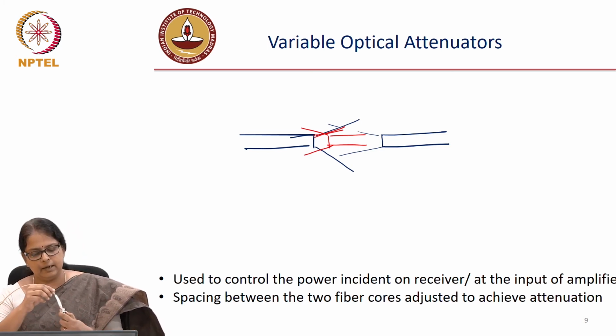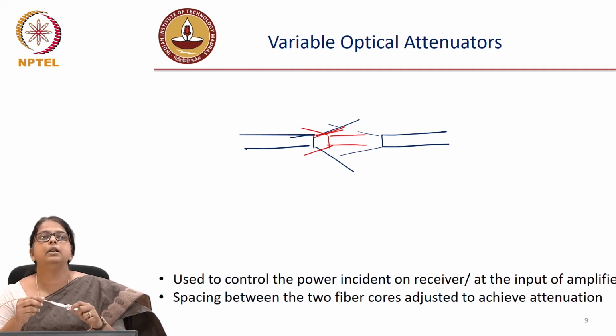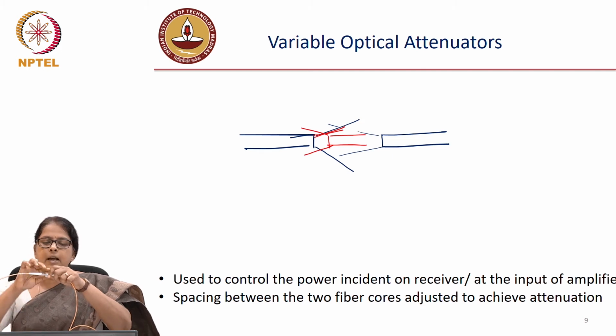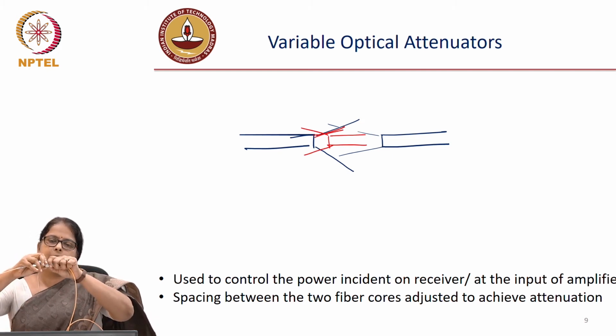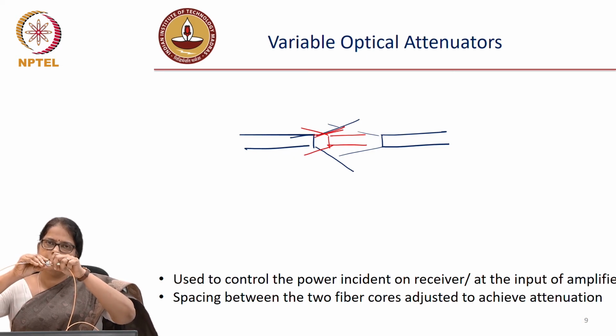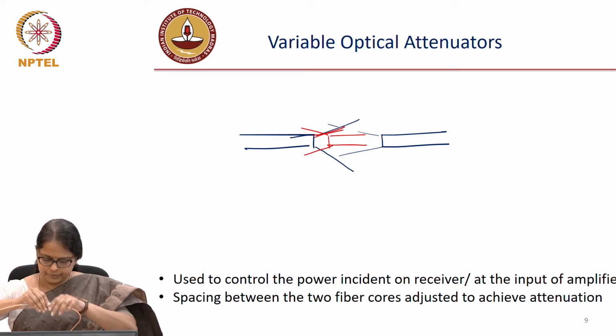And this particular variable attenuator goes from 0 to 30 dB. So the largest spacing would correspond to 30 dB, and as I increase the spacing, the attenuation goes on increasing. Of course, this is not calibrated, but you could actually use a power meter and a calibrator.